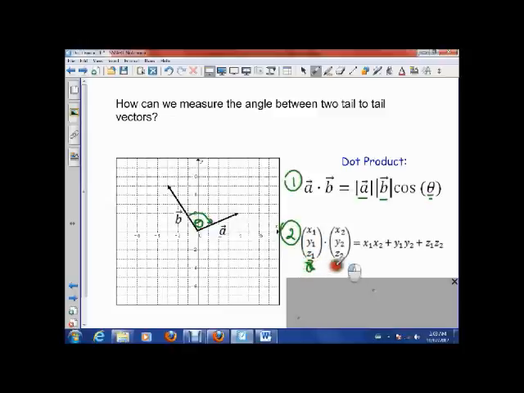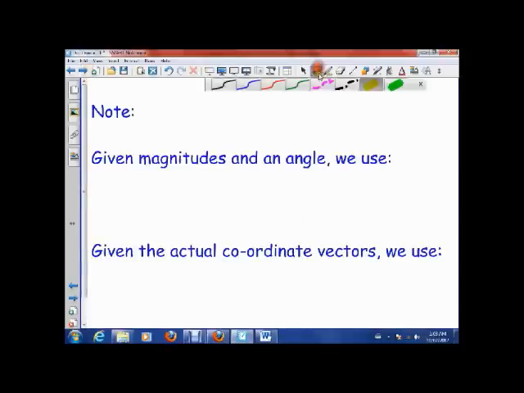So if that's vector A and that's vector B, that's also the dot product. These two things mean exactly the same. They're just going to be used in different circumstances. So let's talk for a second about when we use what.